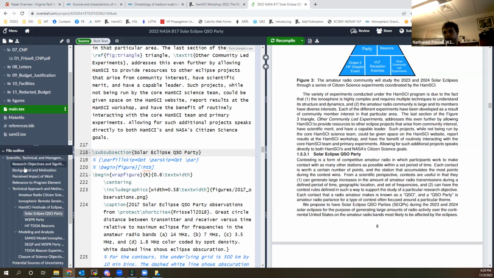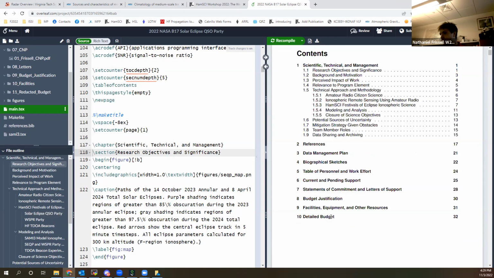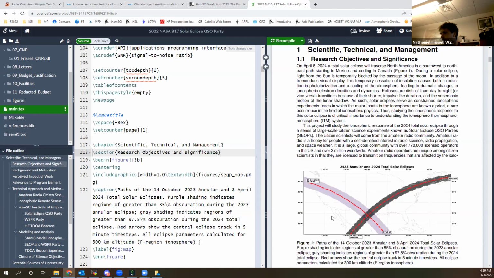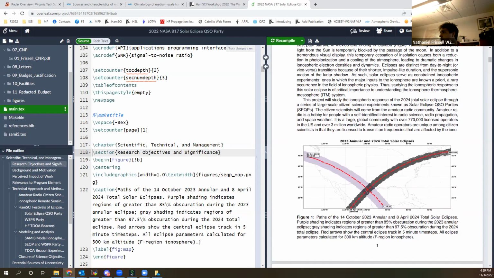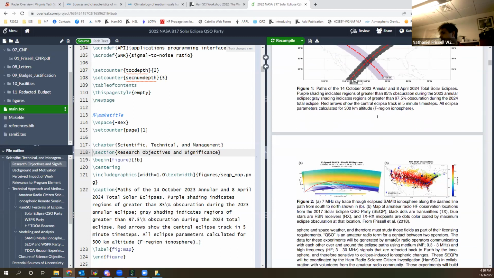And up here, back at the top, I just say there are large-scale citizen science experiments known as solar eclipse QSO parties. Maybe I can just delete this QSO as an amateur radio term from the first part since it's being defined down in this later section.